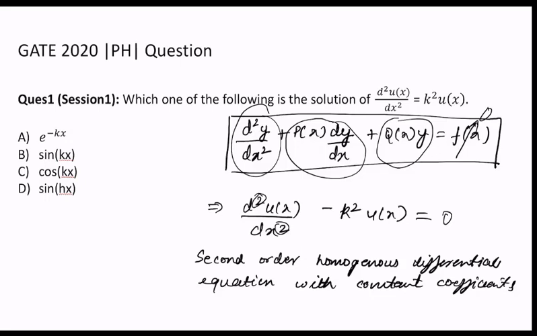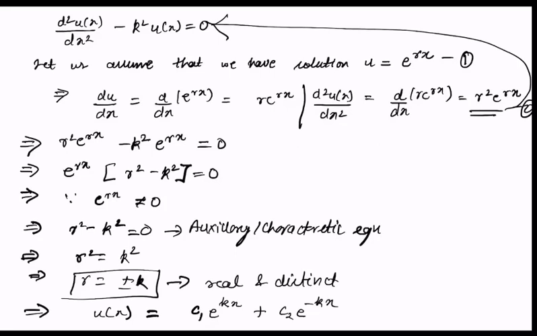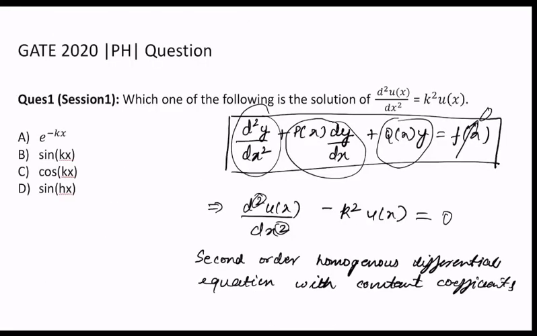So we can see that in option A, the e to the power minus kx term is present, which is a possible solution of this differential equation. So the answer for this question is the first option, e to the power minus kx. They've also given the fourth option, sine of hyperbolic x, which is not the solution.